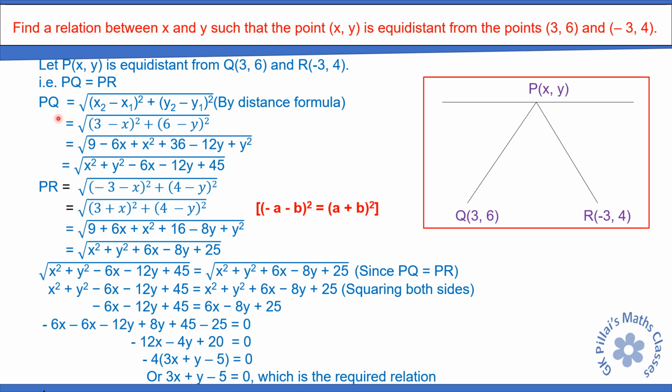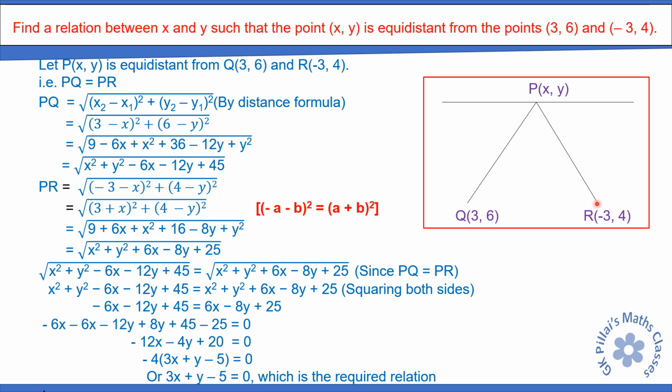PQ equal to the distance formula, square root of (x2 minus x1) whole square plus (y2 minus y1) whole square. So it will be (3 minus x) whole square plus (6 minus y) whole squared. Expand this and simplify. You will get x squared plus y squared minus 6x minus 12y plus 45.